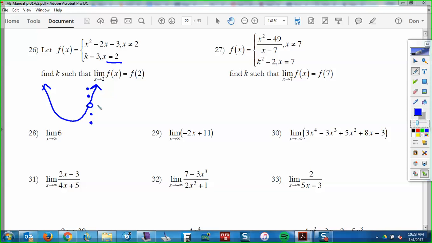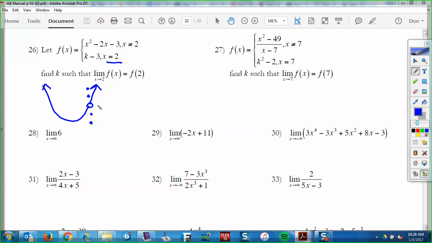Now, another way this question is usually asked, sometimes it's asked with limits, but often they use the word continuous. They'll say f is a continuous function, find k. Or find k so that f will be a continuous function, right? Well, to make that continuous, you got to fill in the hole. So what they're saying is they want k minus 3 to be whatever that y value is right there.